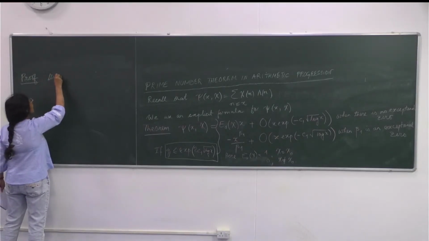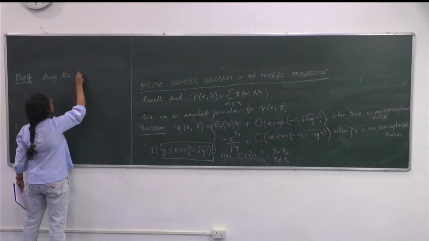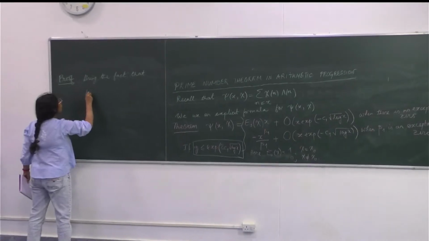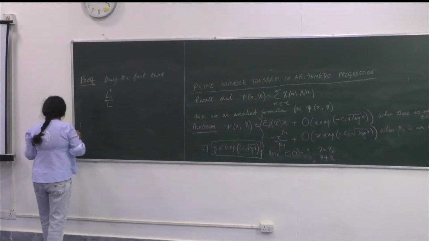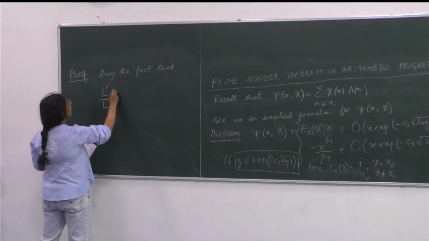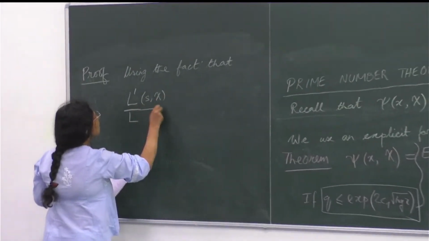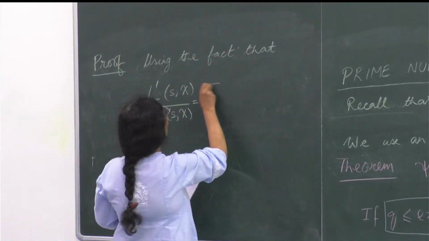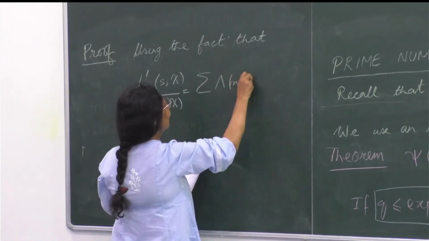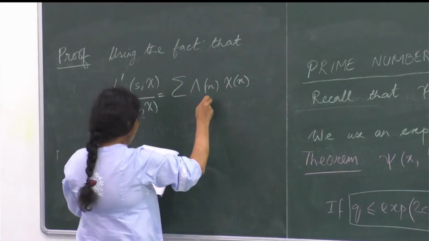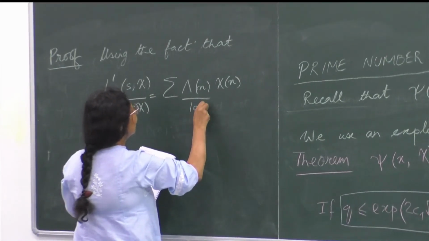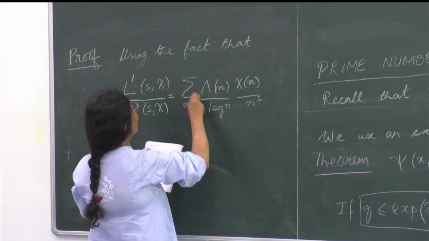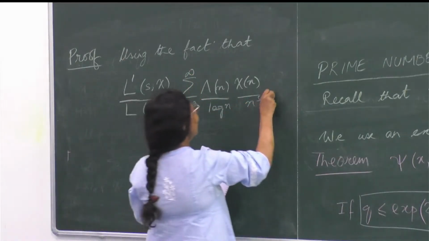If I take L prime by L of s chi, then this is equal to the summation of lambda n chi n by log n and n to the power s for n going from 2 to infinity, and sigma greater than 1.